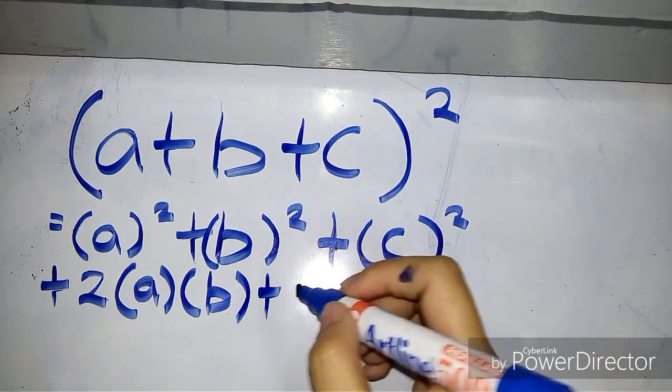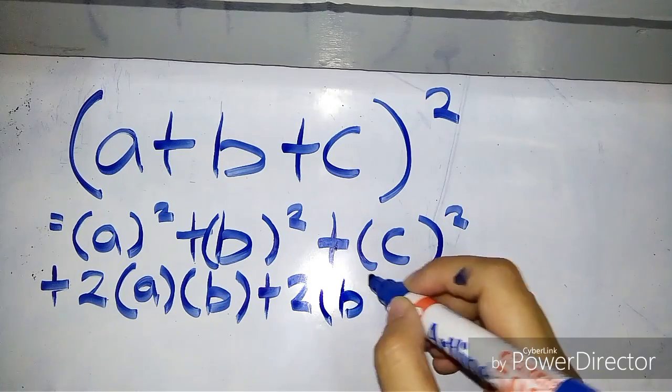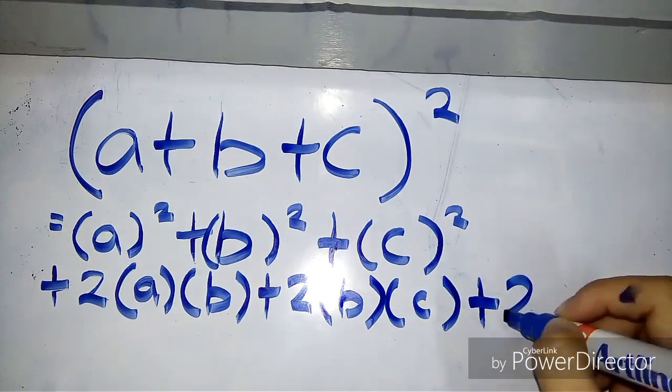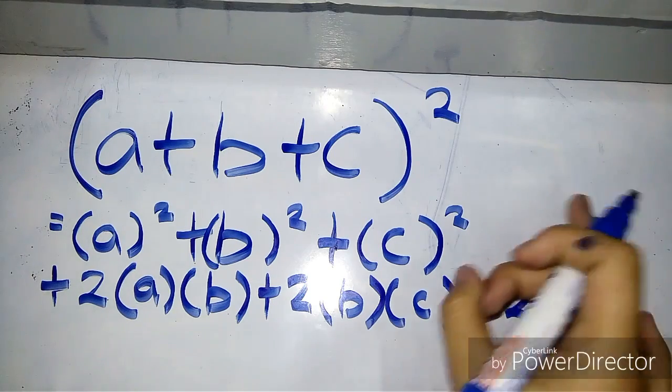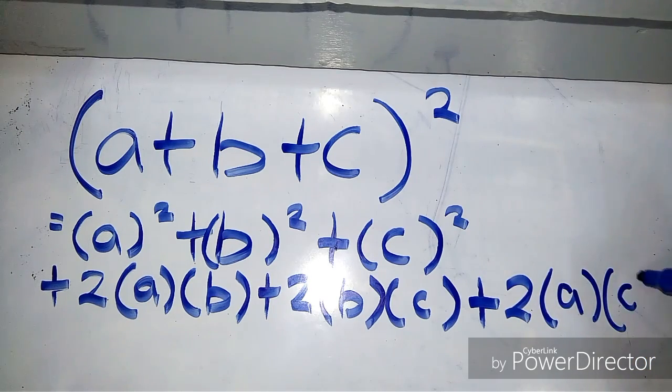Remember to first simplify the ones with the parentheses. So next we're going to find the product of b and c. You're going to multiply that twice, and a and c, you're going to multiply that twice as well. So let's get answering.